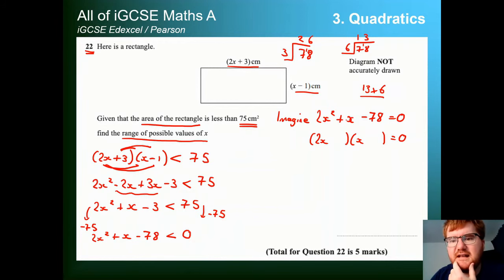And again, we want to get this plus x in the middle. So with a little bit of thought here, if we put a plus 13 and a minus 6, we're going to double check this. So 2x times minus 6 is minus 12x, 13 times x is plus 13x, and then 13x minus 12x is plus x. So we do get what we want.